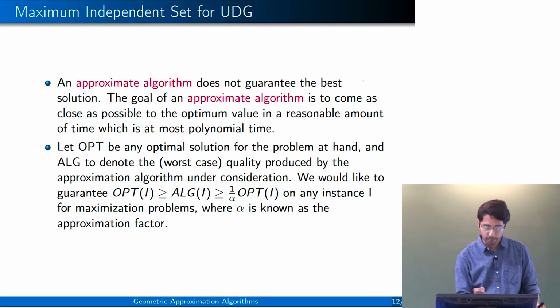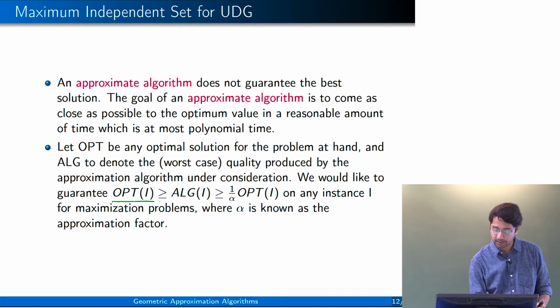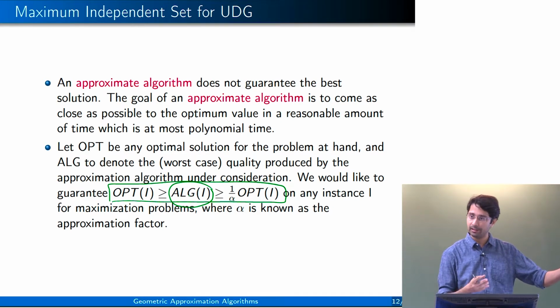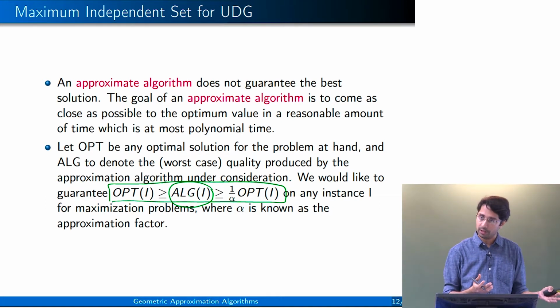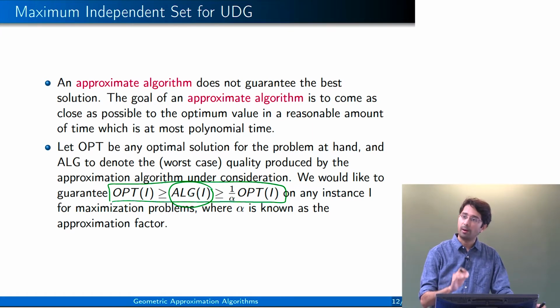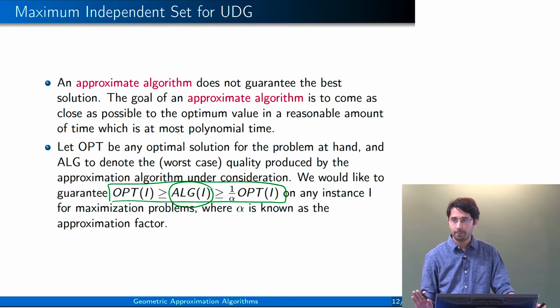Opt is the optimal solution given any instance. Maybe for some instance I will be able to give opt, but it will be at least 1 by alpha times opt. Clear? This is known as an approximation algorithm. Are you still with me?